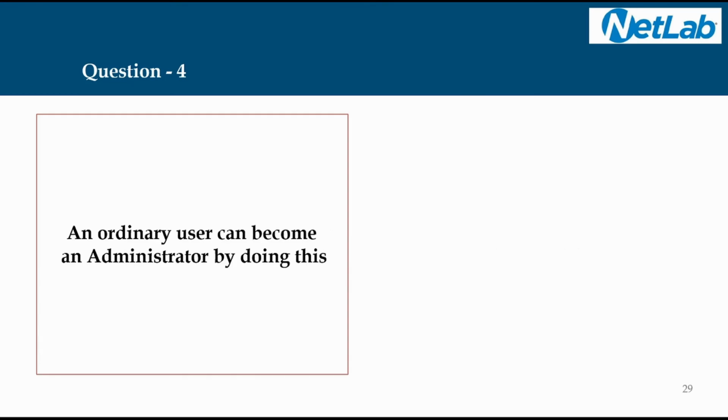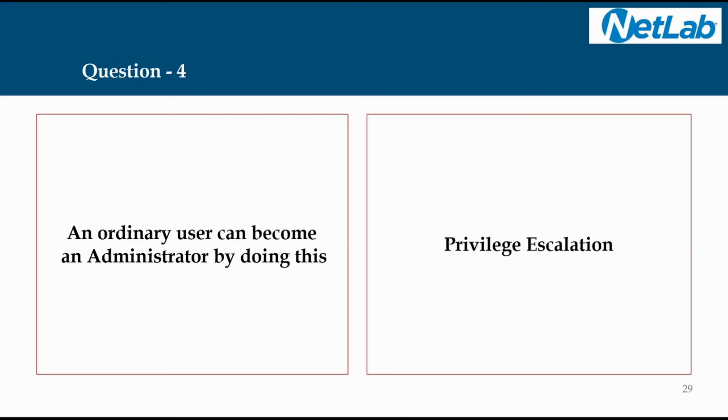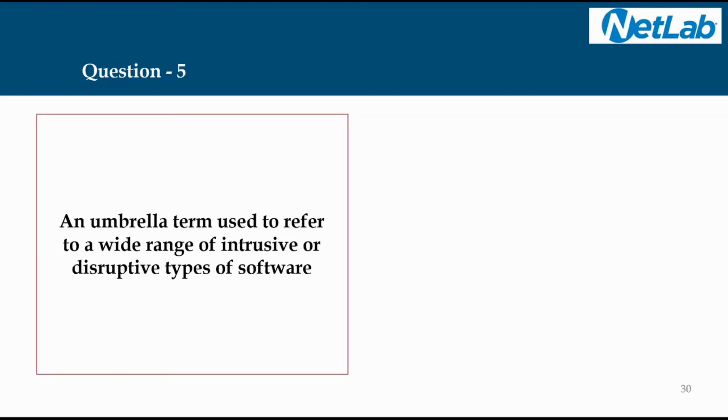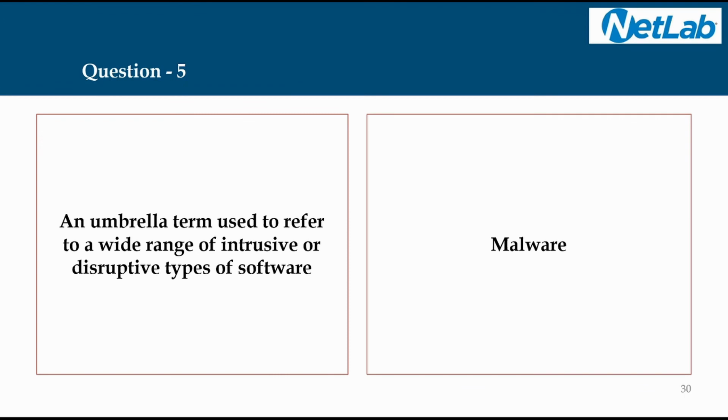Question number 4. An ordinary user can become an administrator by doing this. Privilege escalation. Question number 5. An umbrella term used to refer to a wide range of intrusive or disruptive types of software. Malware. Question number 6.